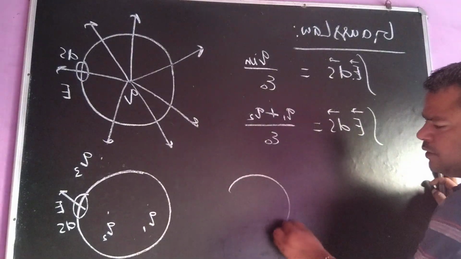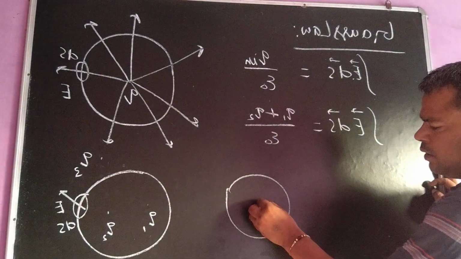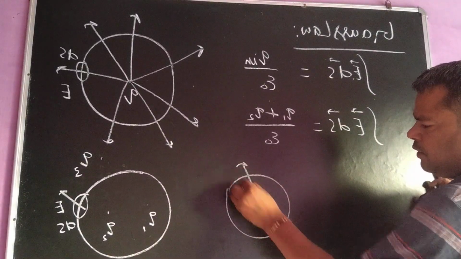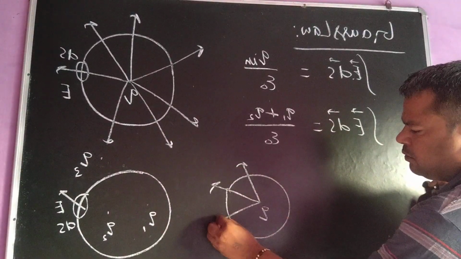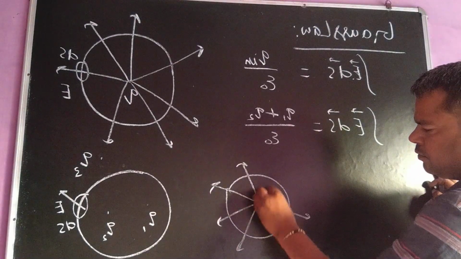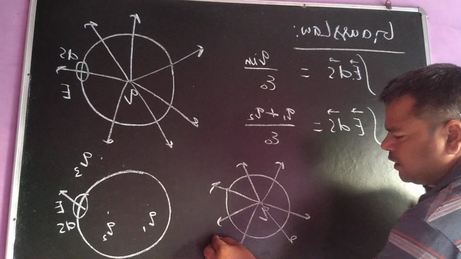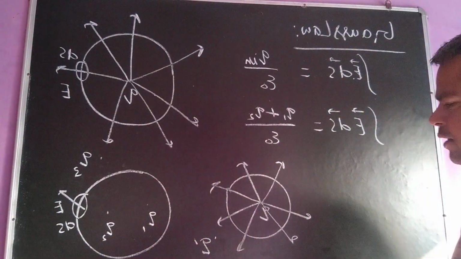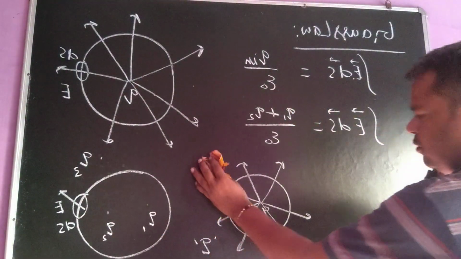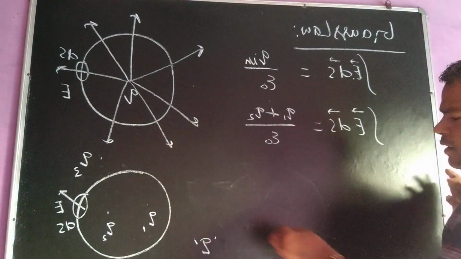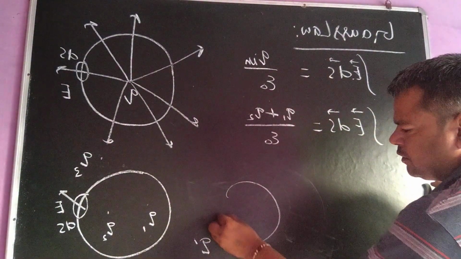If there is a surface and there is a charge inside it, Q, so the electric field due to this charge will be like this. And if we have a charge Q dash outside here, so the charge Q dash is outside the Gaussian surface.